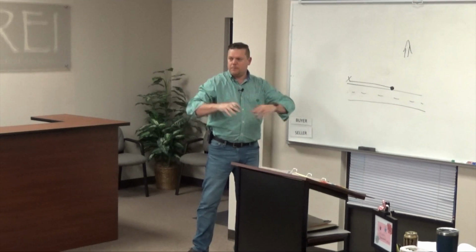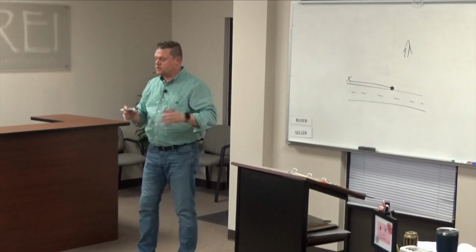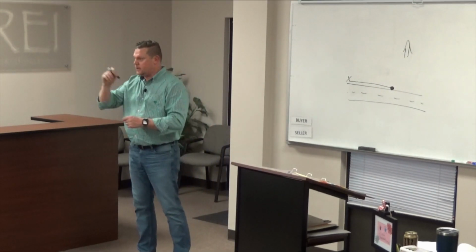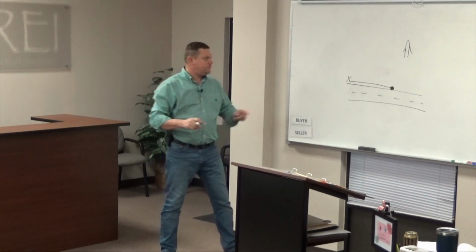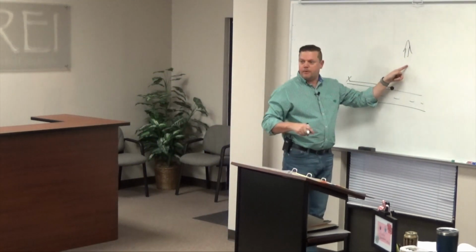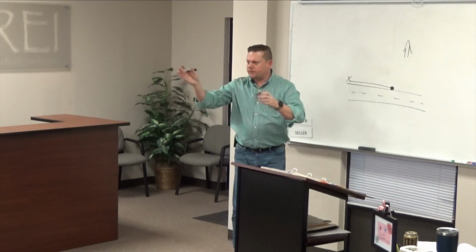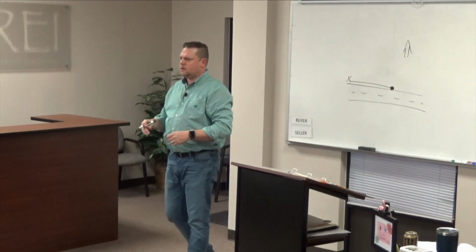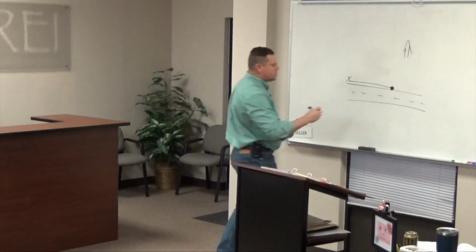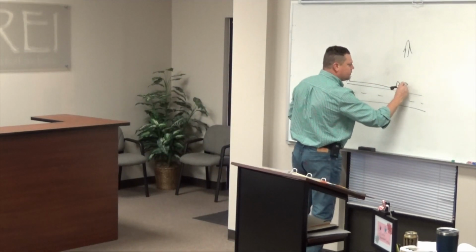So this monument can be used for a lot of properties. This monument can be used to find several points of beginning. But we're using it to find this one because we're interested in this property. And I know that this point of beginning is 100 feet or whatever the distance is. And we can find that. So this is our POB, point of beginning.